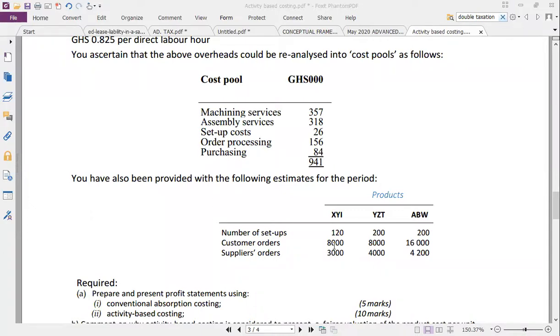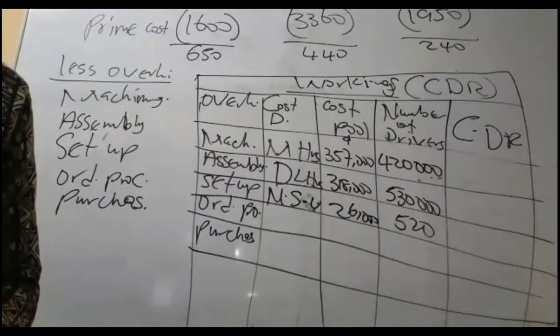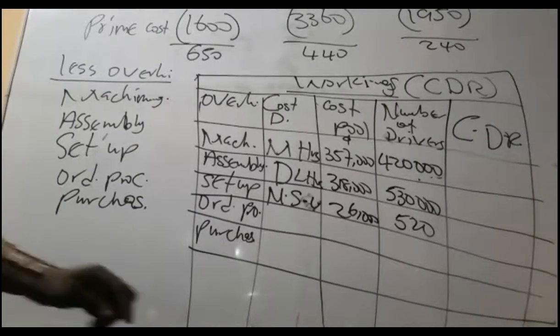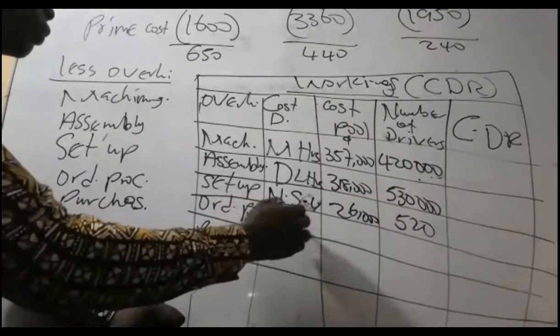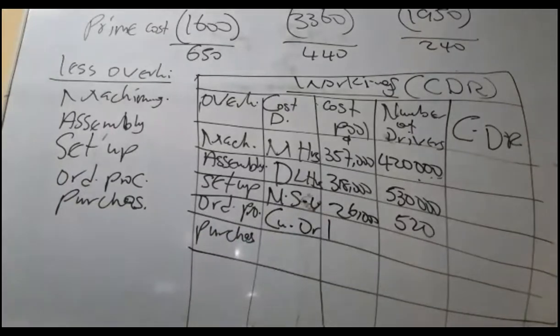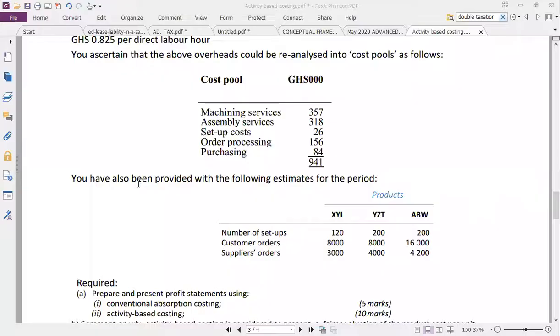The customer orders, if you add them, 16 plus 16, 32. So that would be 32,000. So here we say customer orders, 156,000.